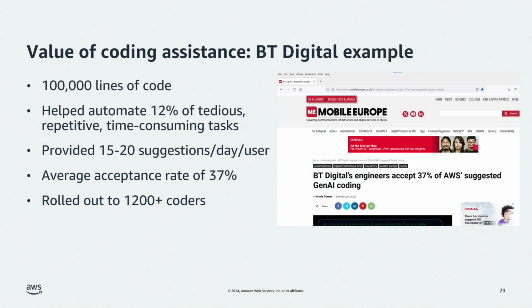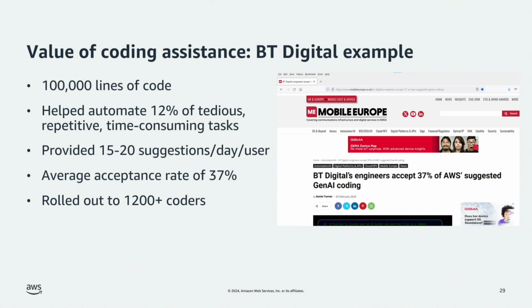Just one example that's public recently that came out. British Telecom, BT Digital, started trying Amazon's code accelerator called CodeWhisperer. They ran through about 100,000 lines of code in 4 months. They estimate that it helped automate about 12% of these tedious, repetitive, time-consuming tasks.